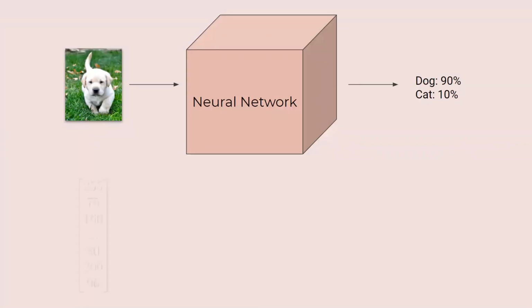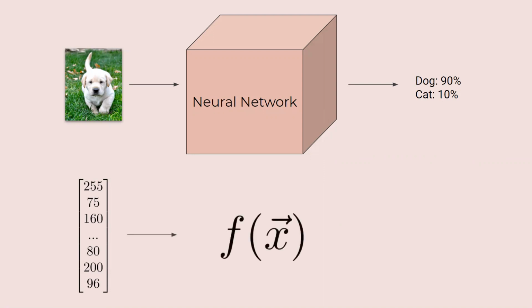But really, we can formulate our neural network mathematically as taking an input vector. An image of our puppy is really just a collection of numbers, and pushing it through this function, a really complicated function, but still a function nonetheless, we get an output vector.